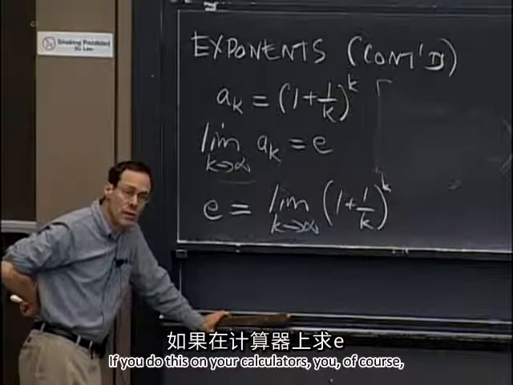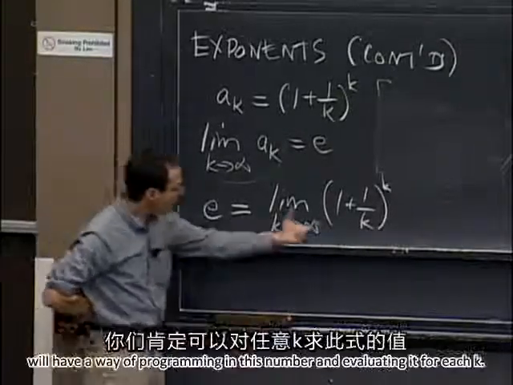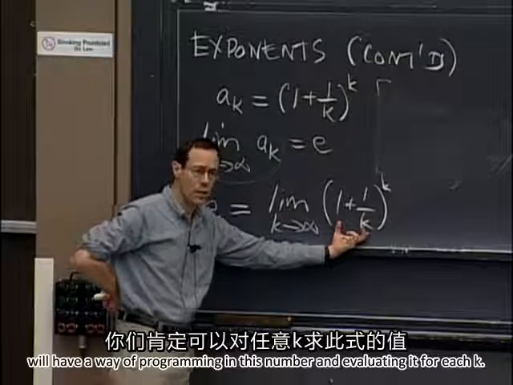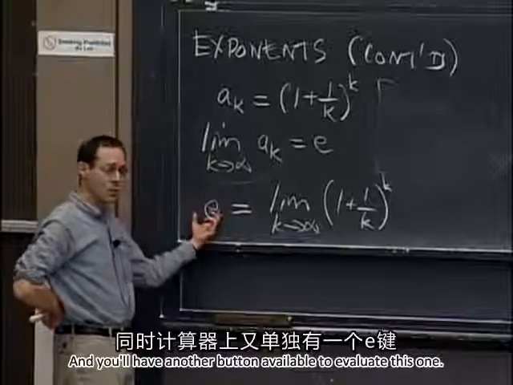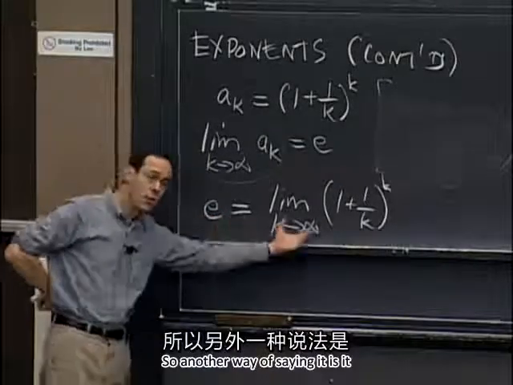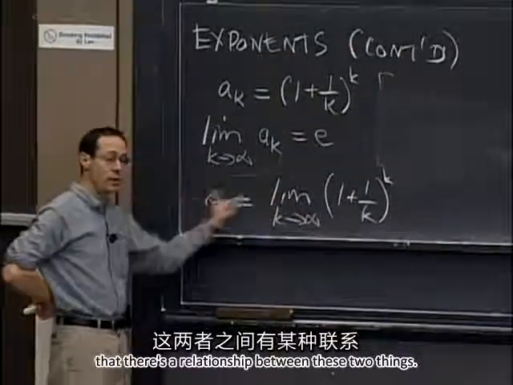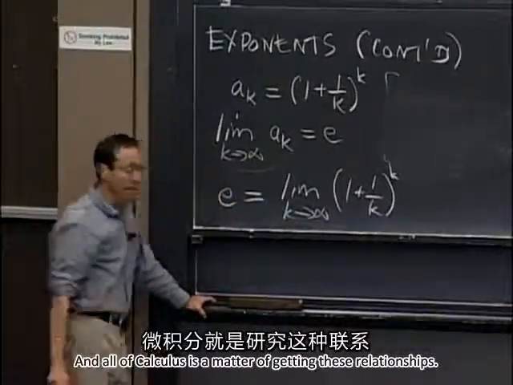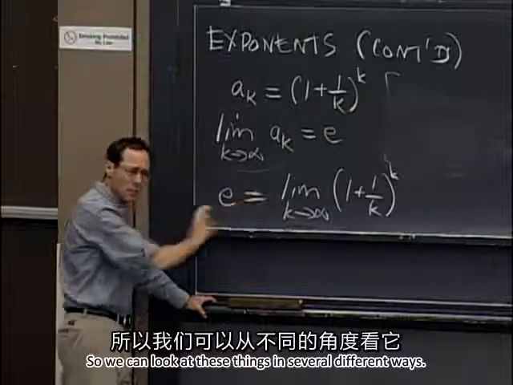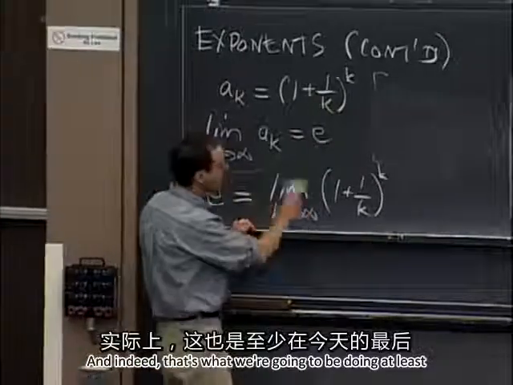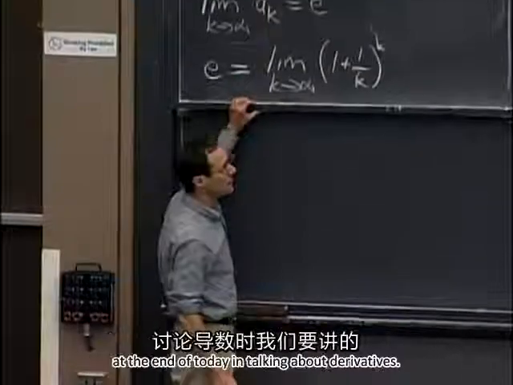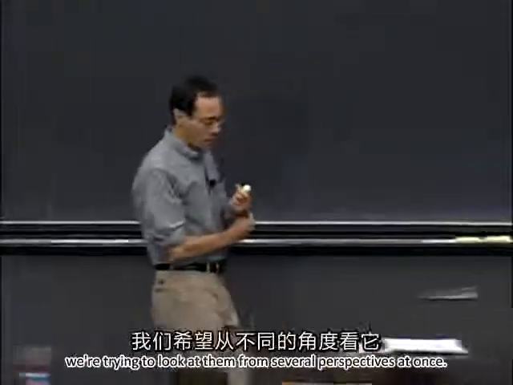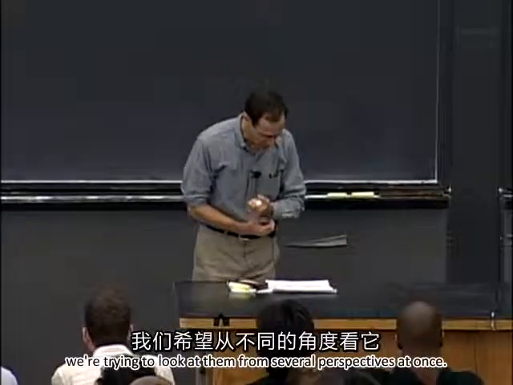If you do this on your calculators, you of course will have a way of programming in this number and evaluating it for each k, and you'll have another button available to evaluate this one. So another way of saying it is that there's a relationship between these two things. And all of calculus is a matter of getting these relationships. So we can look at these things in several different ways. And indeed, that's what we're going to be doing, at least at the end of today, in talking about derivatives. A lot of times when we talk about derivatives, we're trying to look at them from several perspectives at once.